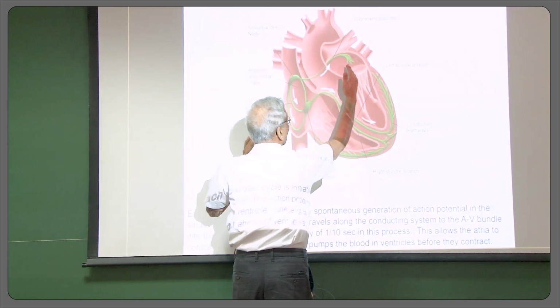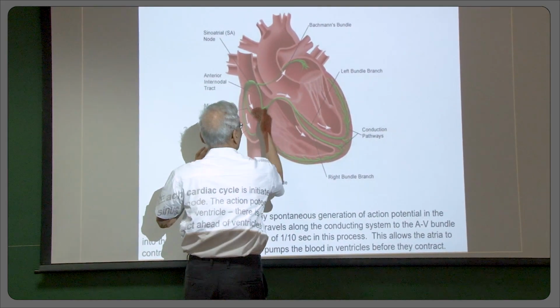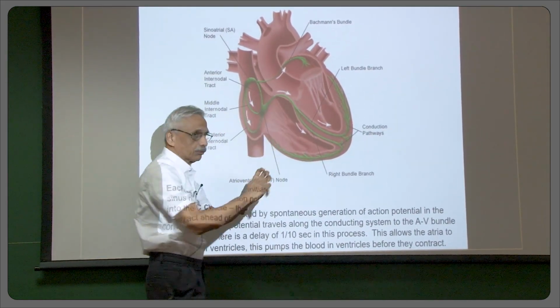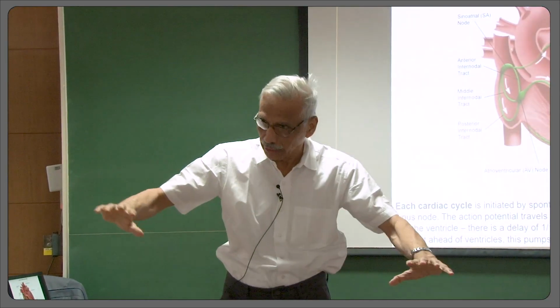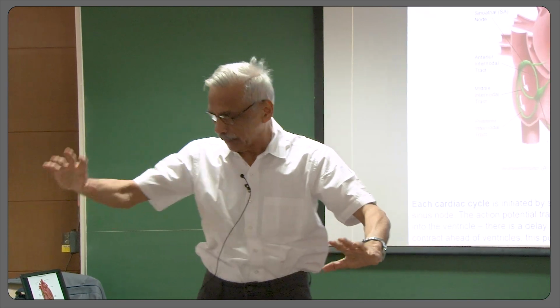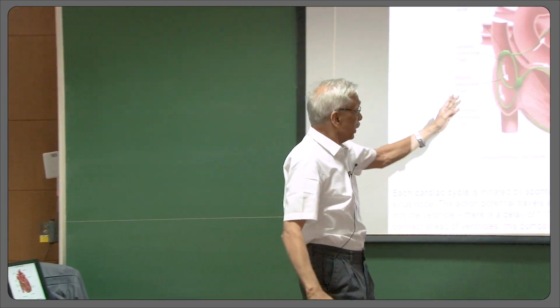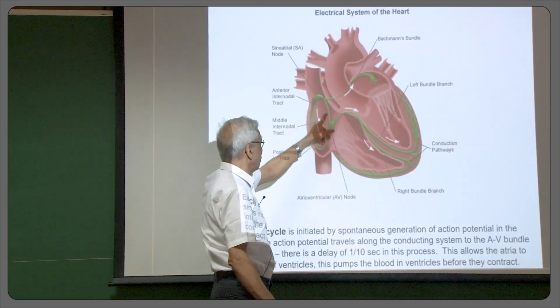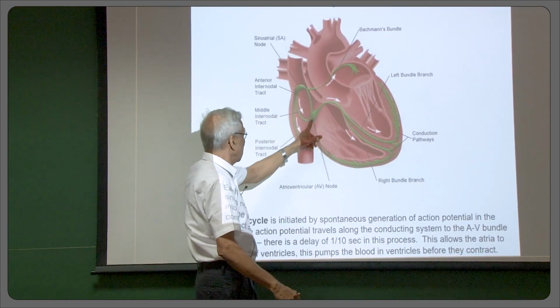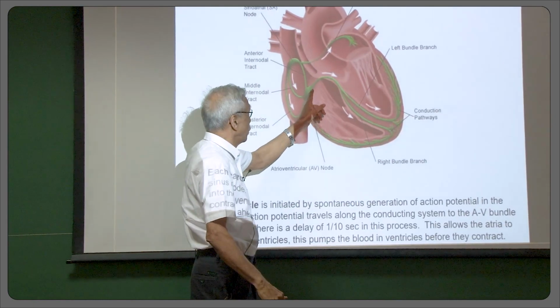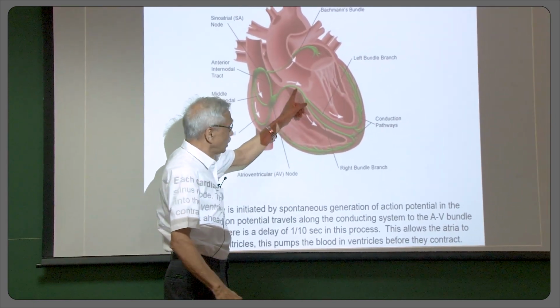From this point it will go here, and from this it will go here. These are the points from where the action potential will flow into the adjoining area by way of what? Gap junctions. The information will go. These three pathways are called internodal pathways, and then it will go to the AV node, and from there the bundle of His.